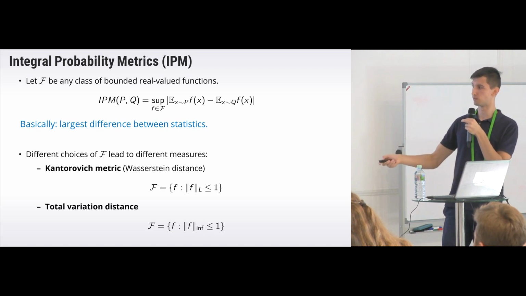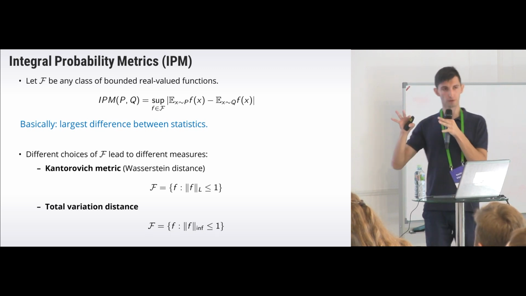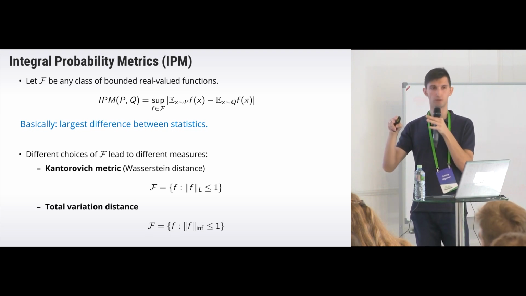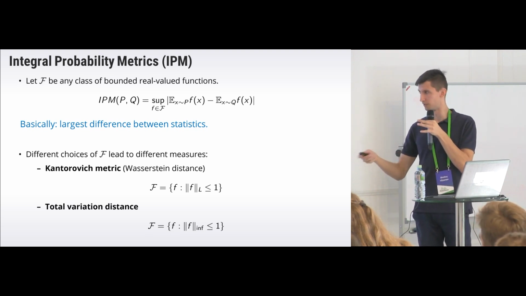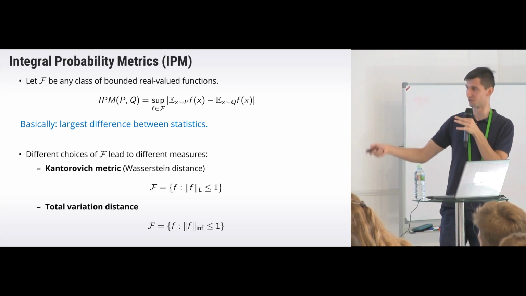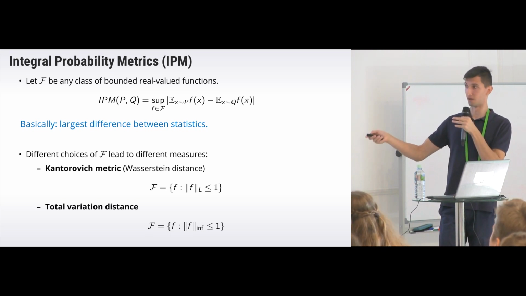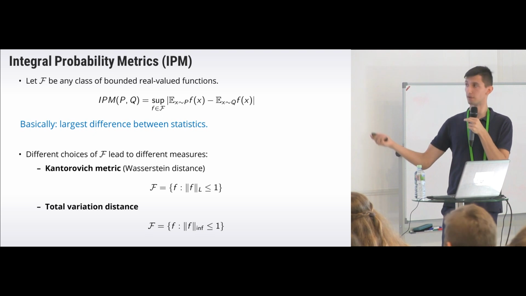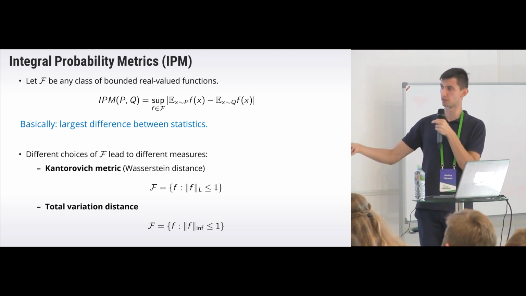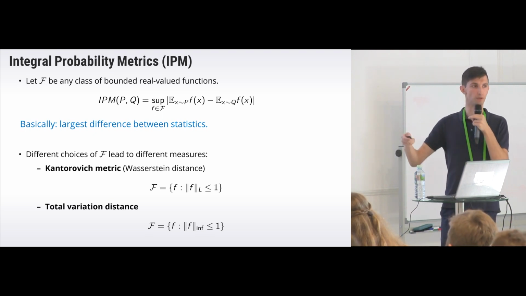If you take the family of all the functions with infinity norm less or equal than 1, then it will be total variation distance. So basically, by changing this family F, you will get different distances.